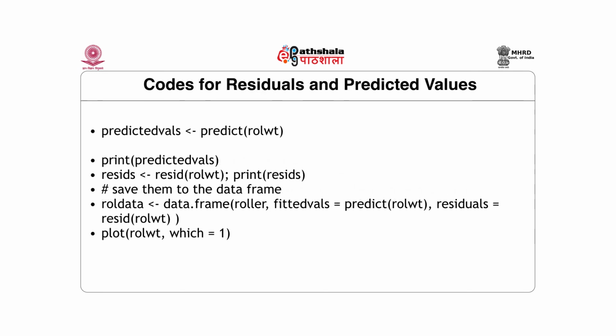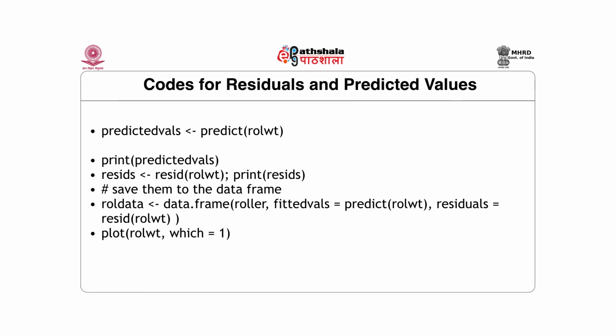So the function that we use for that is predict, and then you open and close the parenthesis, and within the parenthesis you type the object of the linear model. Remember, when we started working on this, we actually wrote the code in the Wilkinson-Rogers formula of a linear model and stored that into an object called rol wt.